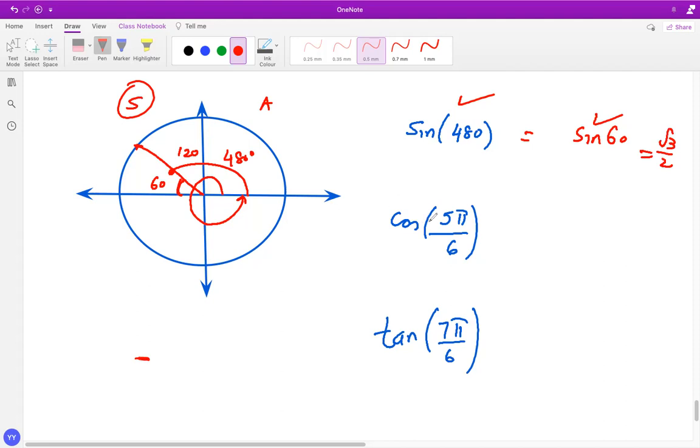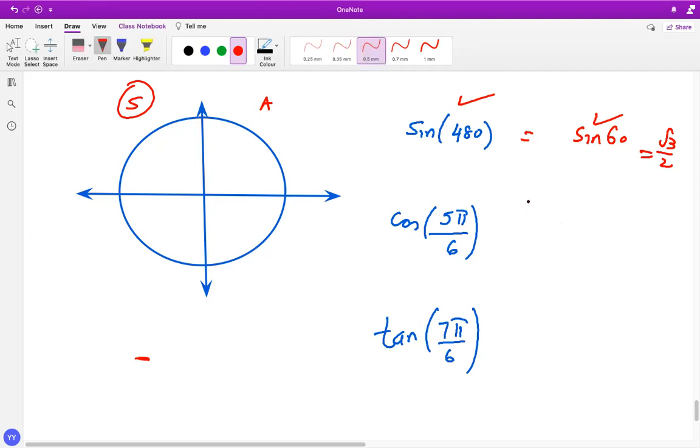Now if I've got cos 5 pi by 6, if I convert into degrees in your mind, you can do 5 times 30 degrees. So to find the value of cos 5 pi by 6, you can convert it into degree form.